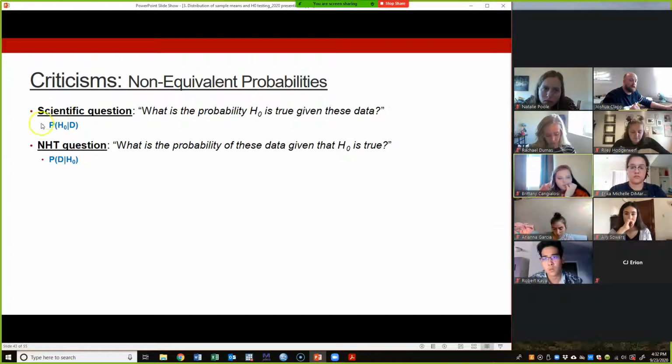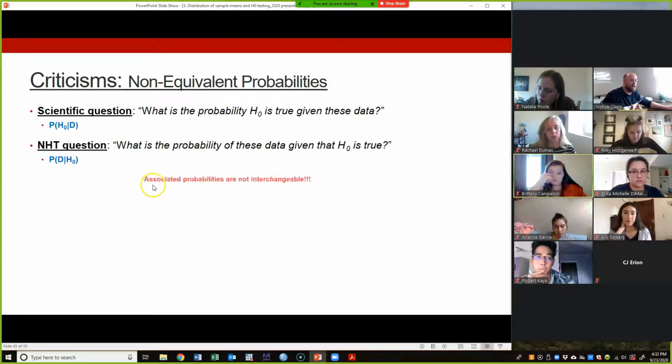In logic format, what's the probability of the null given the data? But what we ask with our tests is, what's the probability of the data given that the null is true? These are not interchangeable, these are not inverse probabilities. They don't go back and forth.